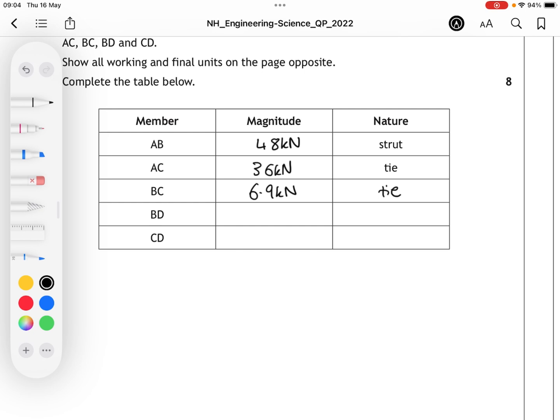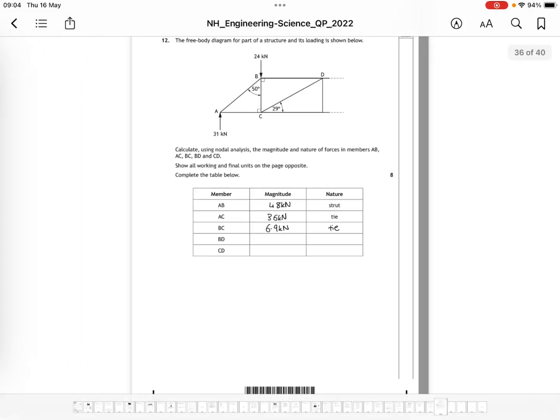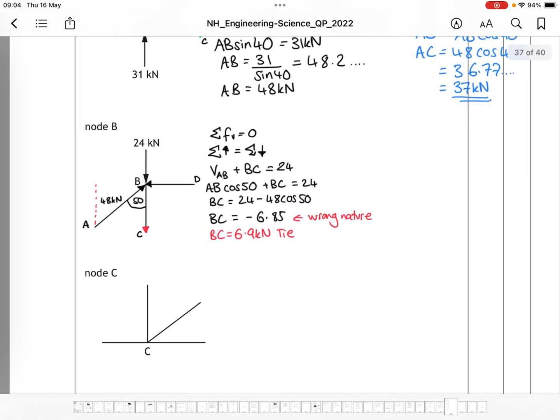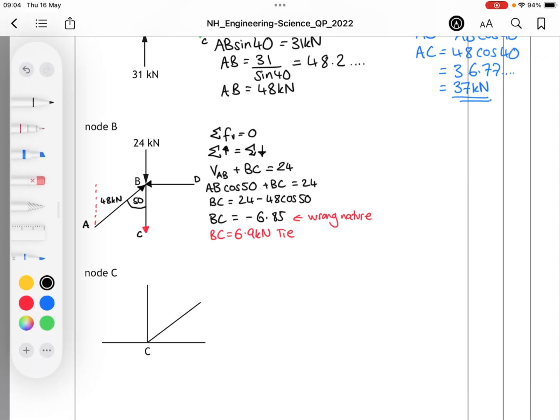Right, now having a look at BD. We were looking at node B again, and we're going to resolve horizontally this time. Again, I'll change pen colour just to keep it clear and different. So our sum of horizontal forces is equal to 0. My sum of forces going to the left are equal to the sum of forces going to the right.